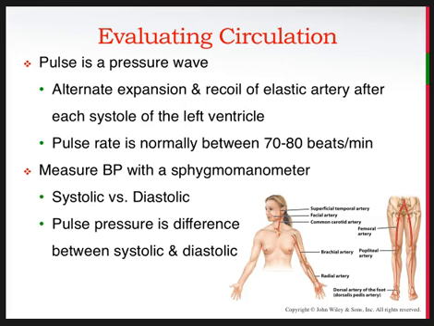Pulse rate is typically between 70 and 80 beats per minute in most individuals. Some higher, some lower, it's that whole individual results will vary situation. But how we actually measure blood pressure, and you do have to know how to spell this word, we measure blood pressure with a device called a sphygmomanometer. Everybody say it, sphygmomanometer.